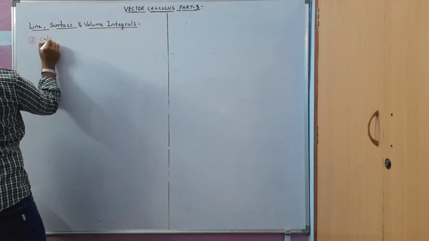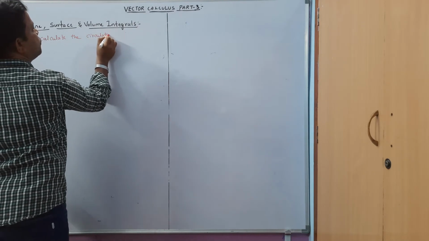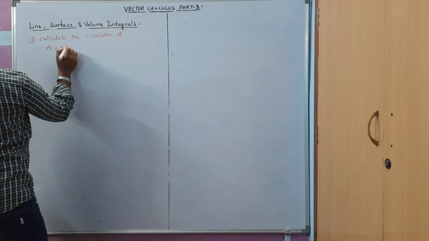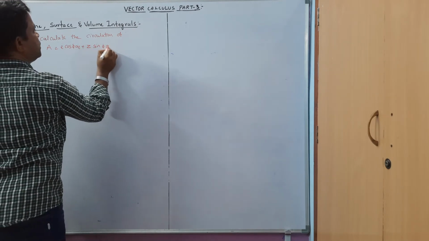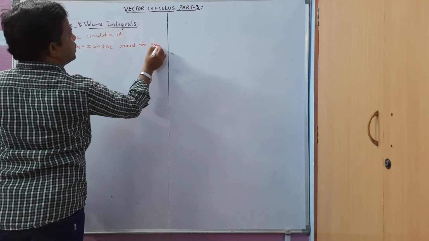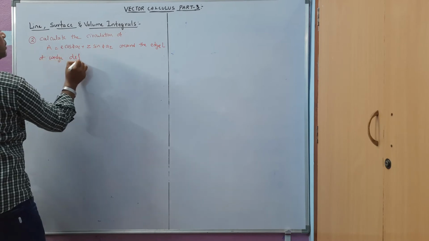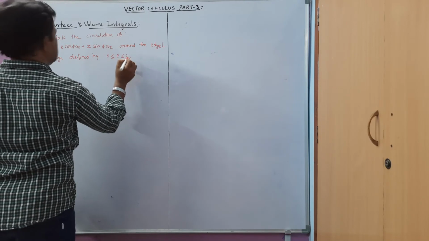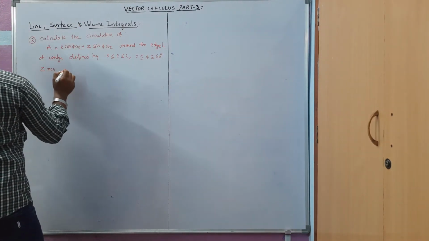Calculate the circulation of A. He has given the vector field rho cos phi A rho plus z sin phi Az, around the edge L of the wedge defined by, he has given the ranges 0 less than or equal to rho less than or equal to 2, 0 less than or equal to phi less than or equal to 60 degrees, and z is equal to 0 as shown in the figure.